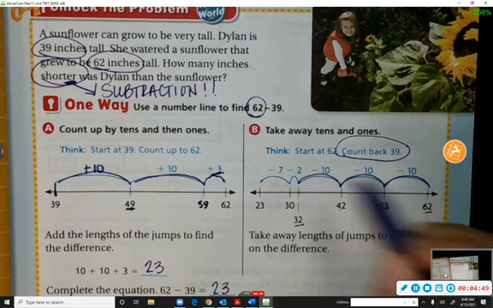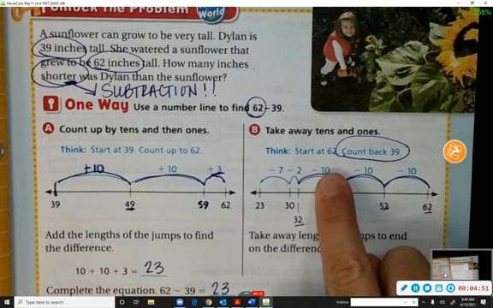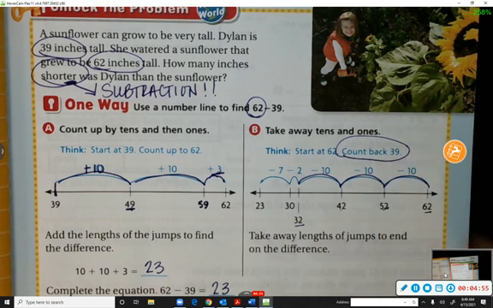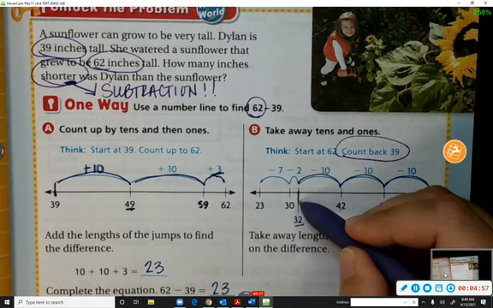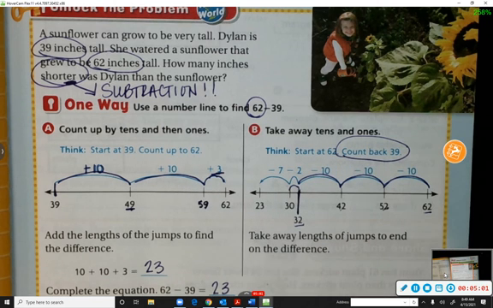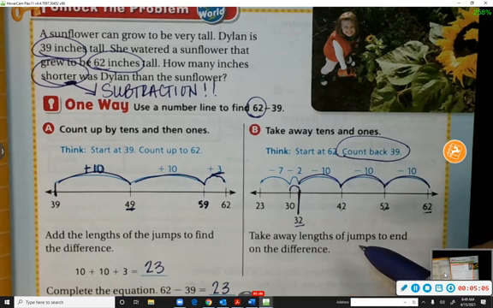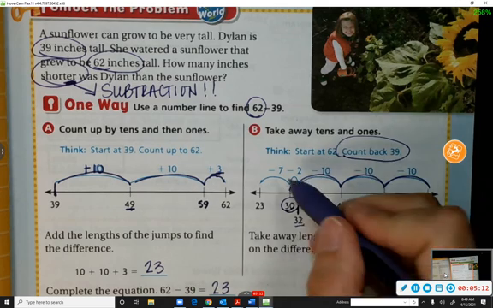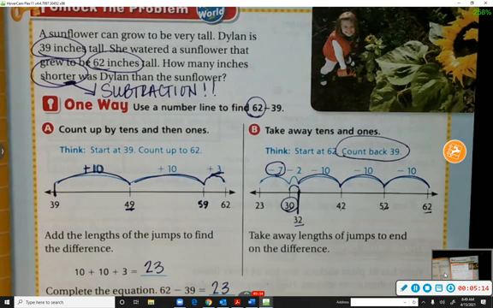So now these three 10s equal 30, right? But I need to go to 39. So they went ahead and showed us, if we're at 32, I'm going to just jump 2 because that gives me a nice even number. It gives me what? 30. Out of that 9 that we had left, there's only 7 more to go.